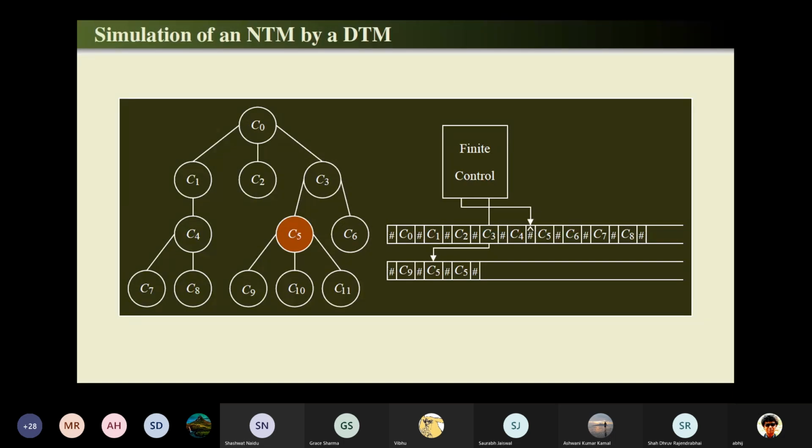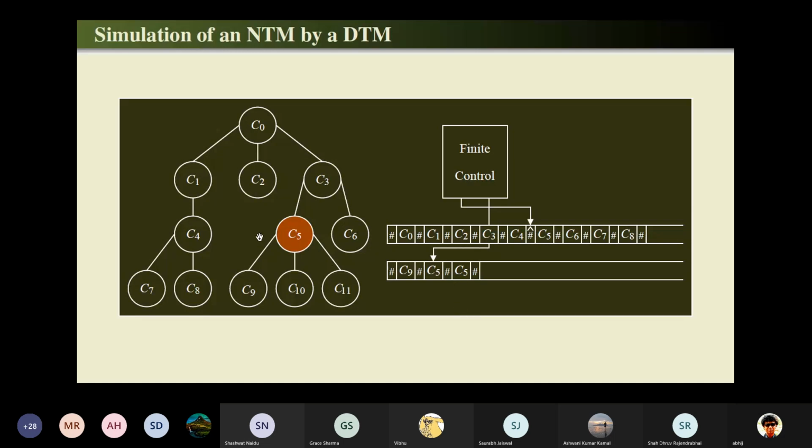If there are k possibilities, it will make k copies of this current configuration here. Depending on the transition possibilities, it will convert configuration C5 to C9, then C5 to C10 in the second copy. Finally, there is a third possibility, so it will convert C5 to C11 here.